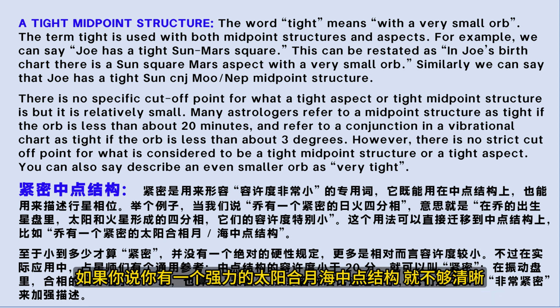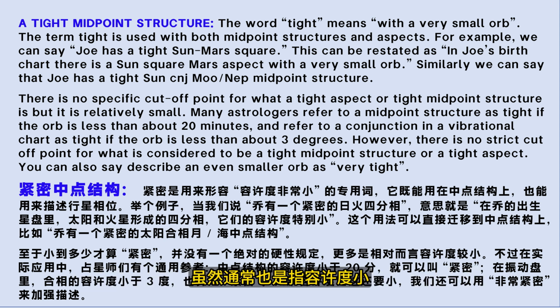If I say you have a strong Sun conjunct Moon Neptune, it's not quite as clear. Usually that means small orb as well, but maybe there's some other reason why you think it's so strong. Tight means small orb. Very clear, very precise.